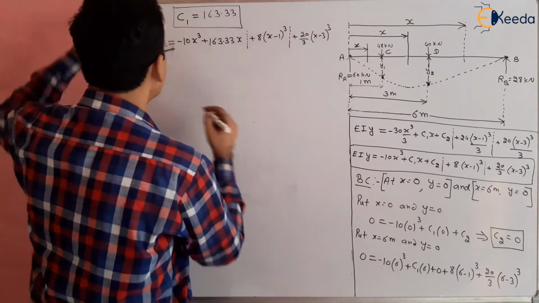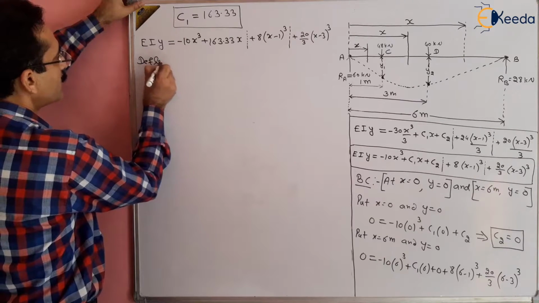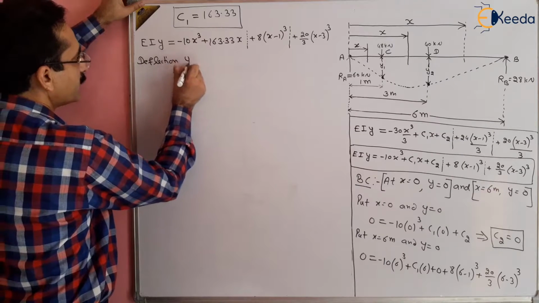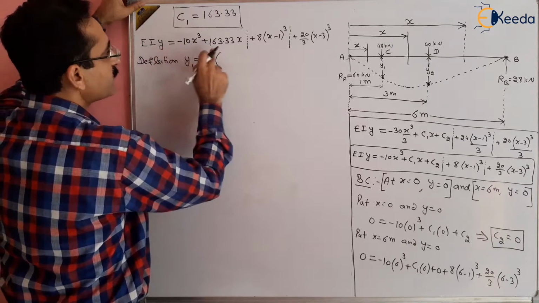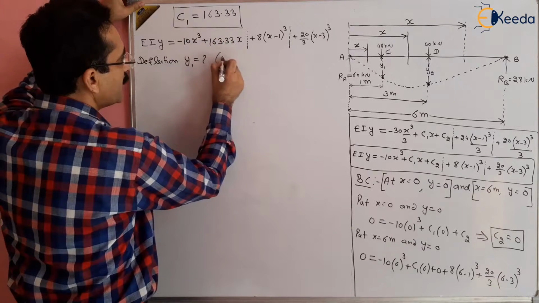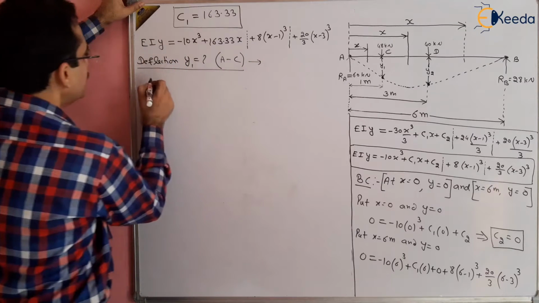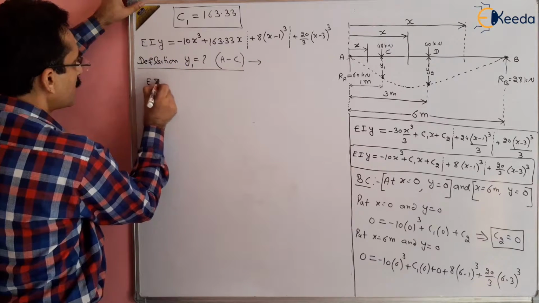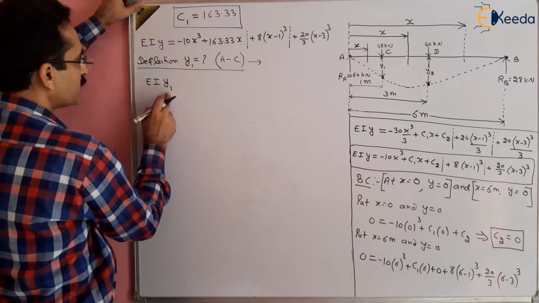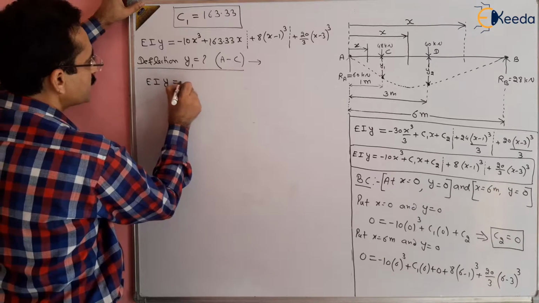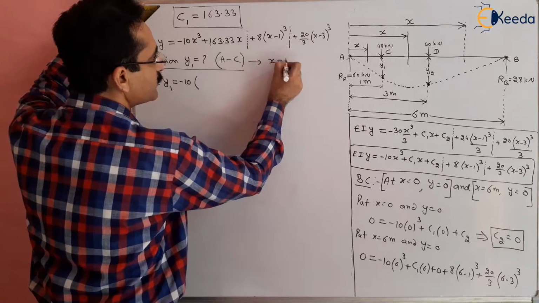So to find out the deflection y1, we will use the equation for A to C, first part only. Means EI y1, which we have to find out, will be equal to minus 10 times x cubed, and the value of x at this point is 1 meter.